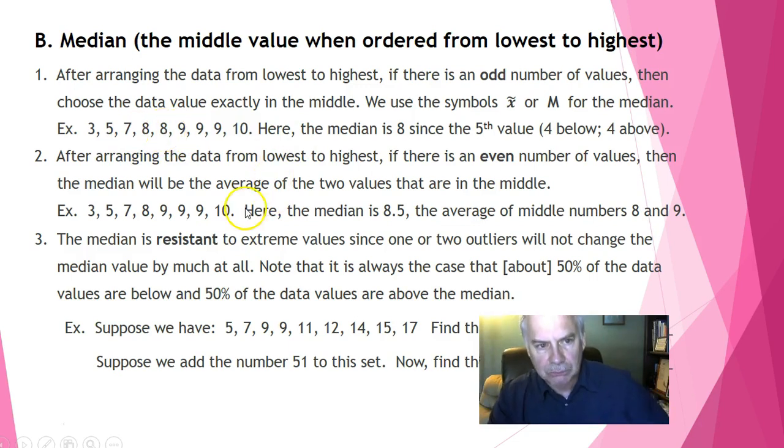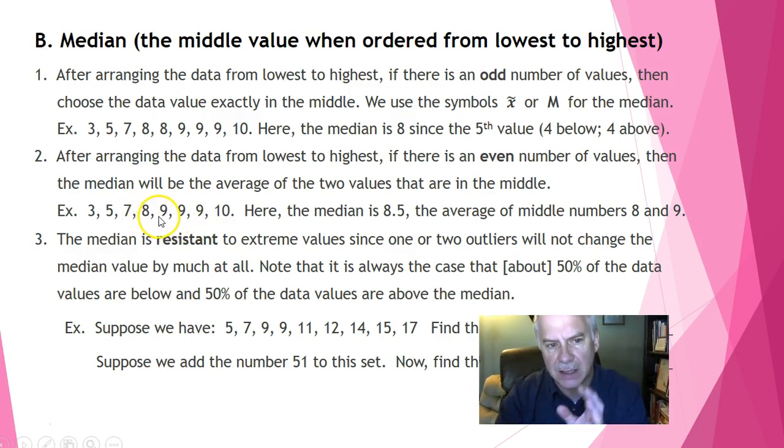Now, what if the total number of values is an even number? Then you don't have one right in the middle. For example, this set right here, 3, 5, 7, 8, 9, 9, 9, 10. I've removed an 8 from the middle of this data set.